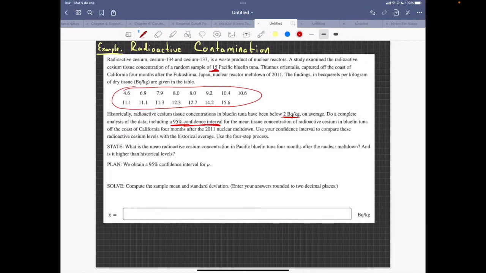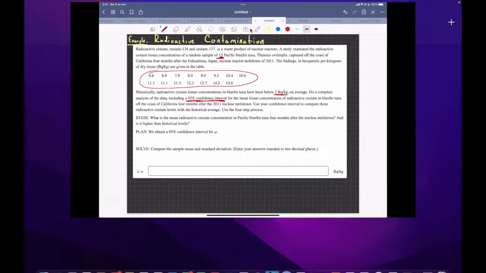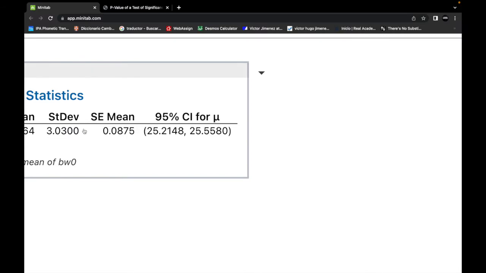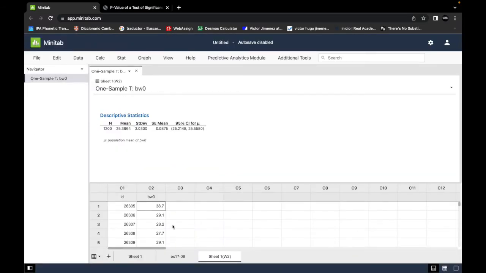All right. First, in this exercise, you will have to enter the data in Minitab. I'm going to put it, for example, in column number 3.